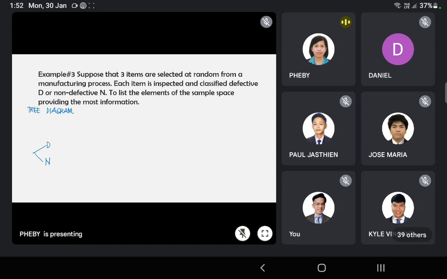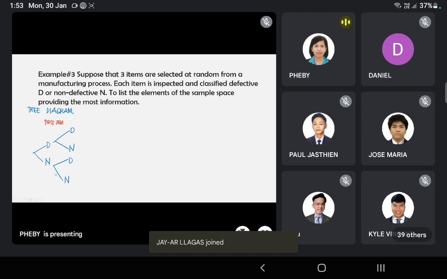So that is the first item. And second item, so coming from our first item, pwedeng defective or non-defective again siya, and defective or non-defective. That is our second item.